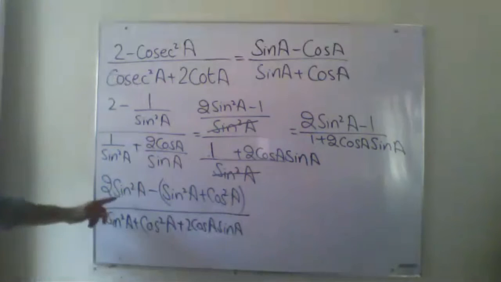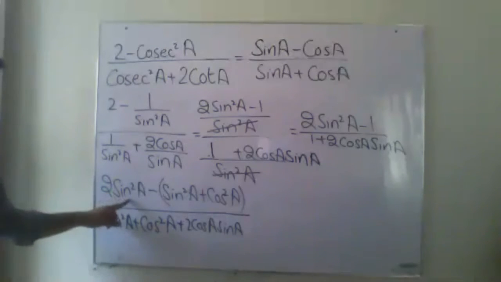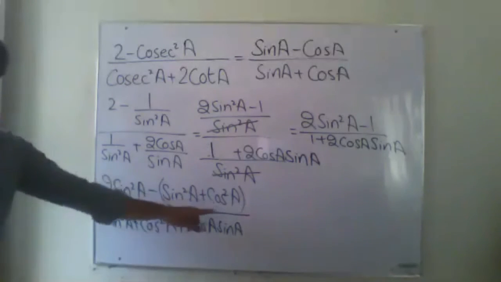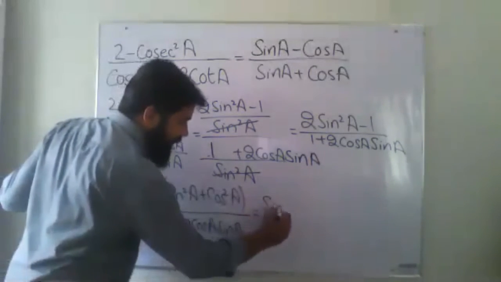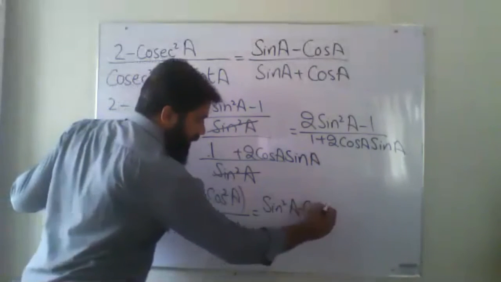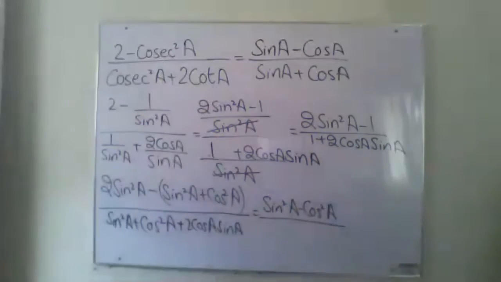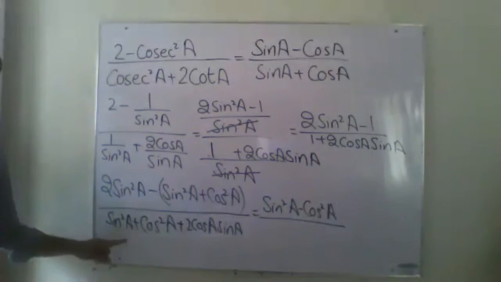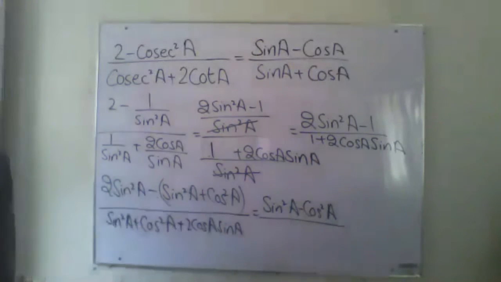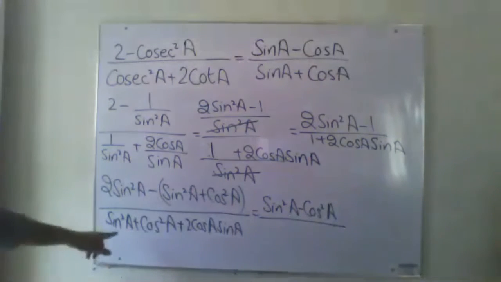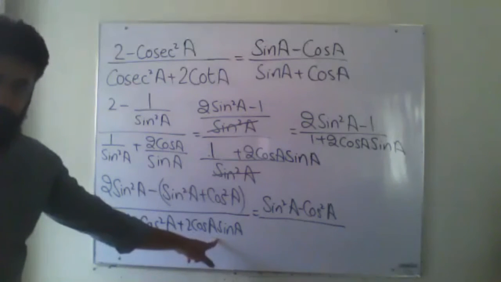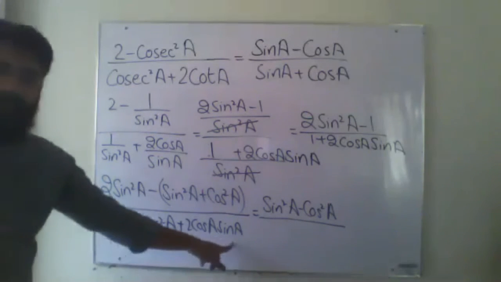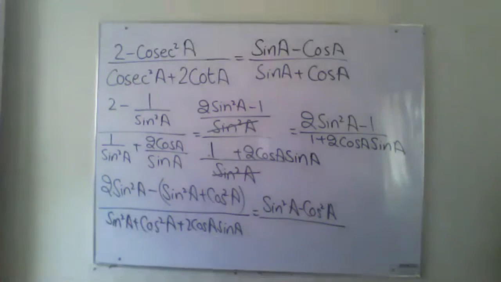After this, when I expand and simplify it, the numerator will become sine square A minus cos square A. Now the important part: in the denominator, sine square A plus cos square A plus 2 cos A sine A is of the form A square plus B square plus 2AB, which is equal to A plus B whole square.